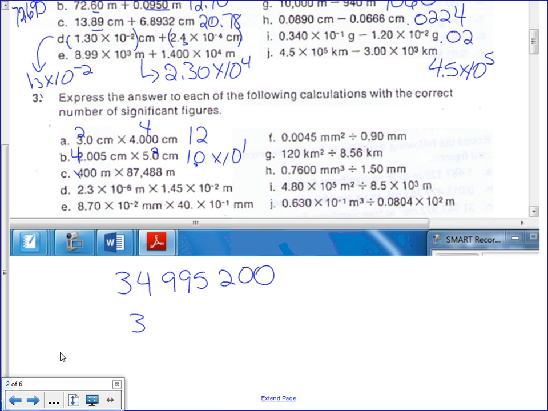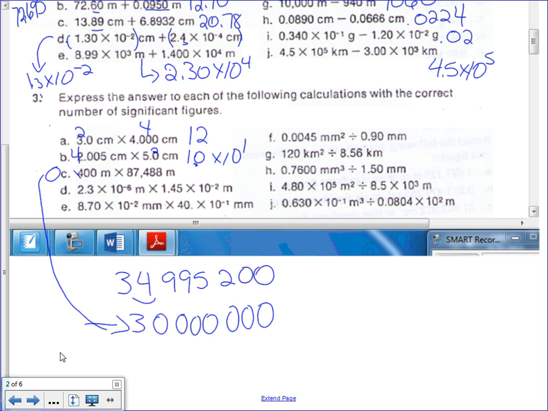This 4 tells us to leave this 3 the same. We have to plug in zeros as placeholders for the rest. So how many significant digits are in this value? Just 1. So we're still okay. So letter C should be 30 million.